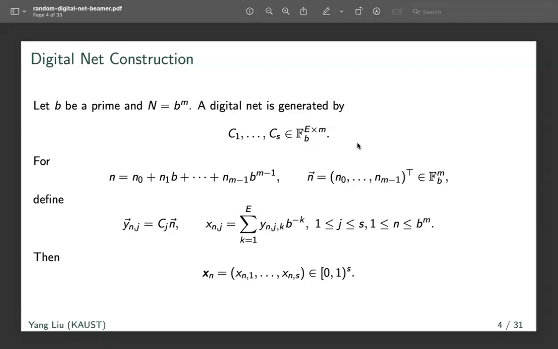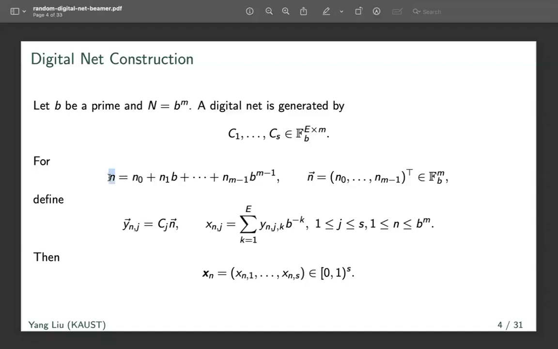But in practice, we use floating point arithmetic in computer simulations, so this E is typically finite. For example, if we use double precision and choose b equal to 2, then we usually choose this capital E to be 53, corresponding to double precision floating point arithmetic.